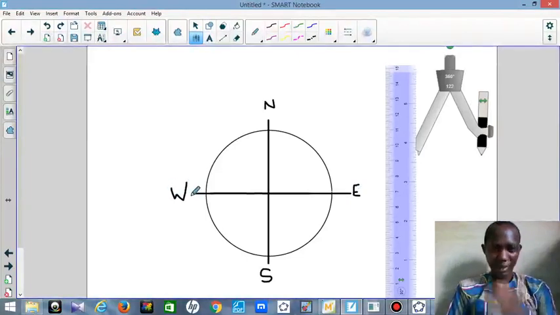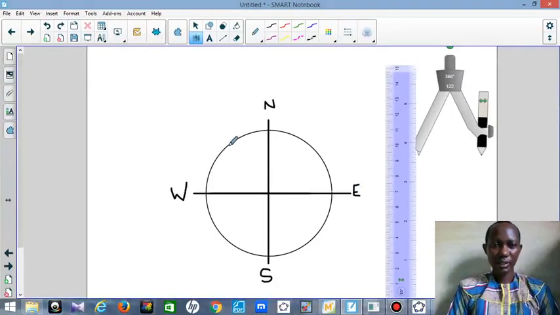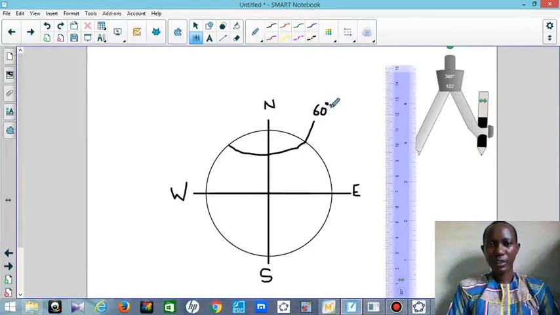So by the time you get this, we start. It says 60° north, you come up, you make your curve, always label, very very important: 60° north.